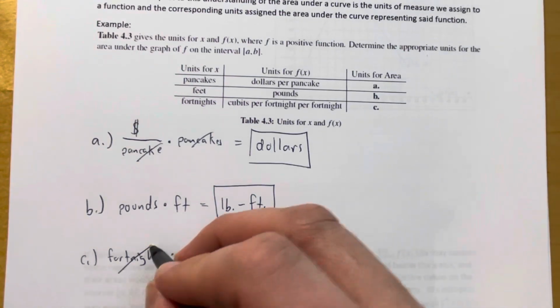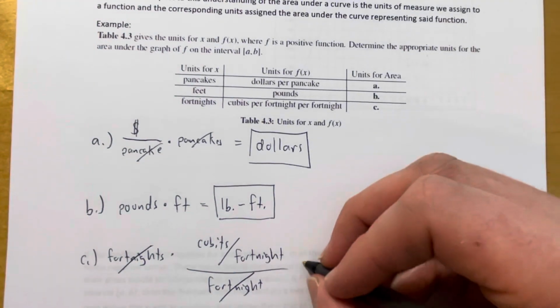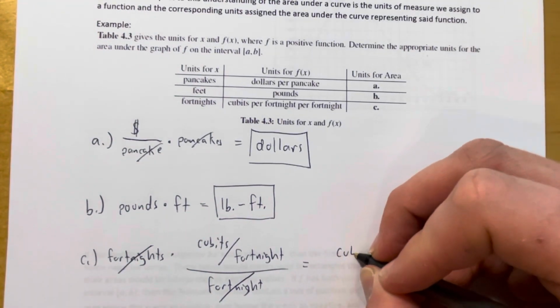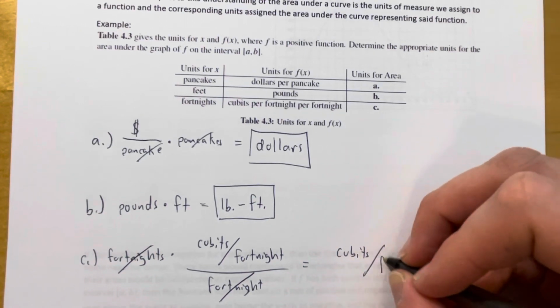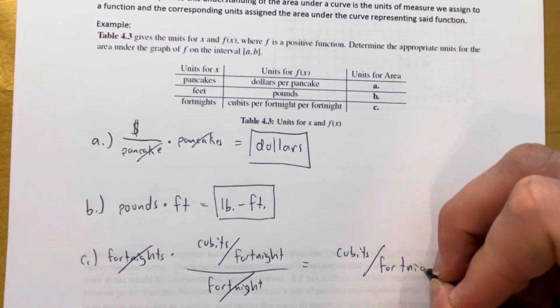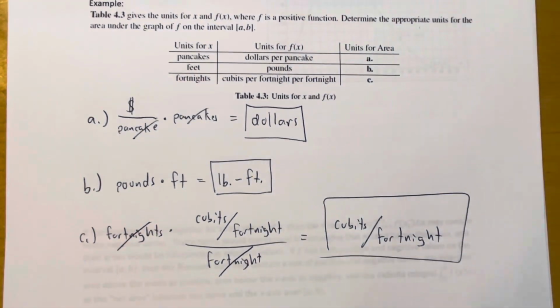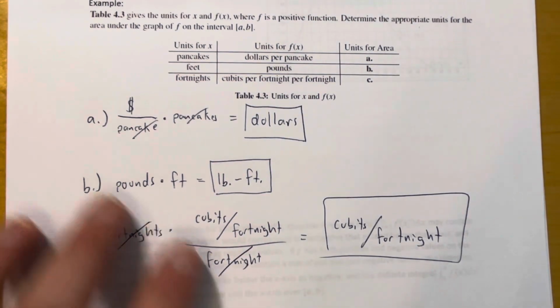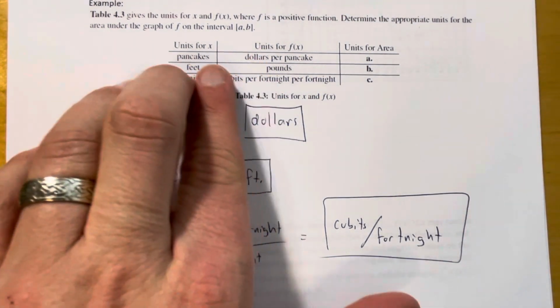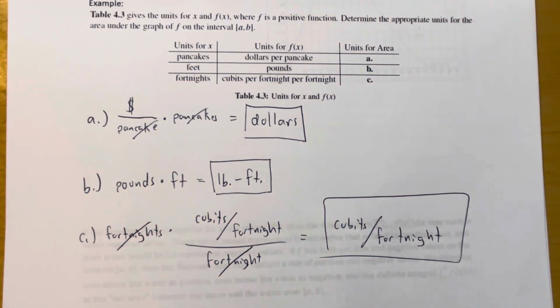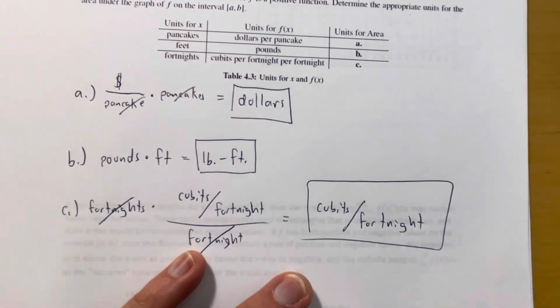Well, this cancels with only one of these, and what I get are cubits per fortnight. When would we ever use a unit like that? I have no idea, but that's not really the point. The point is understanding how to determine the units that our area is measured in, dependent on what we measure x and f of x in. Okay? That's going to be it for this part.